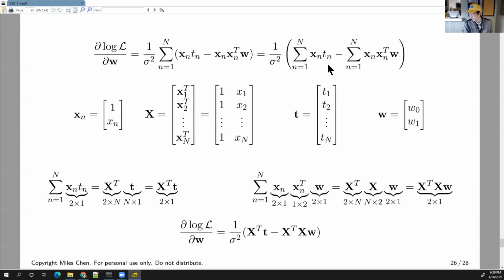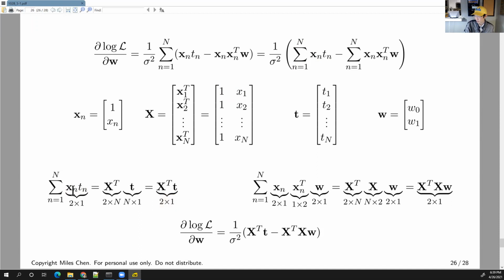If I want to get rid of the subscripts, looking first at this term, I've got a summation of 2 by 1s, which means the sum of everything has to remain 2 by 1.